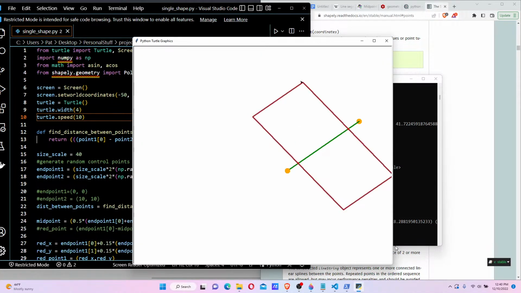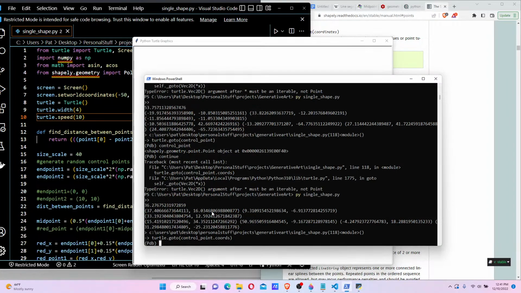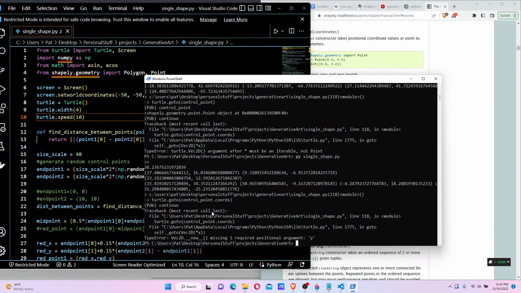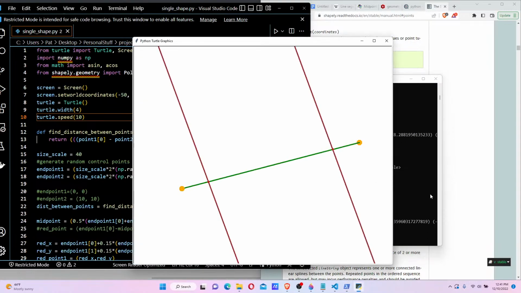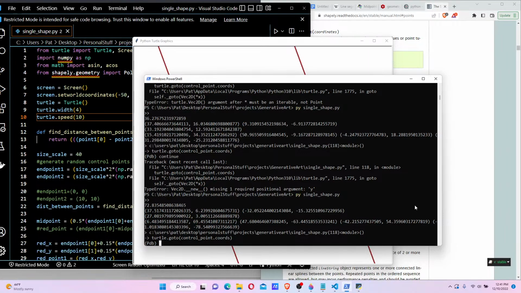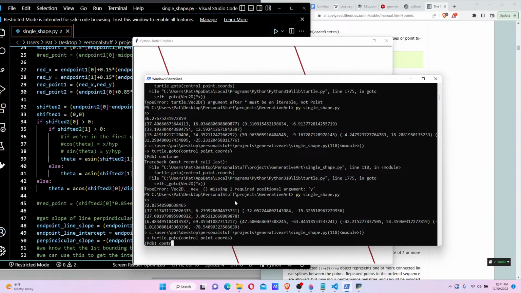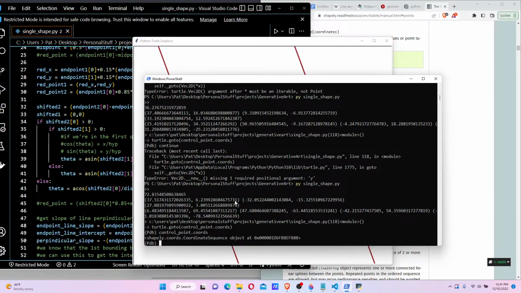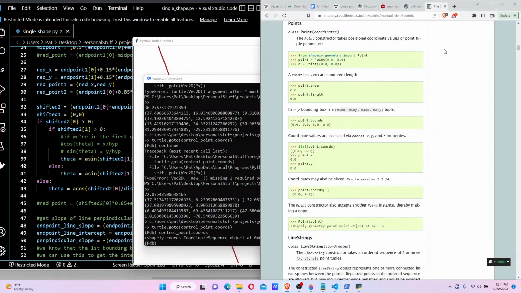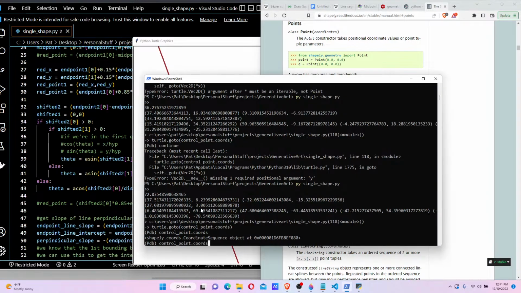Run it. Go to vector view. Dot coords. Okay.